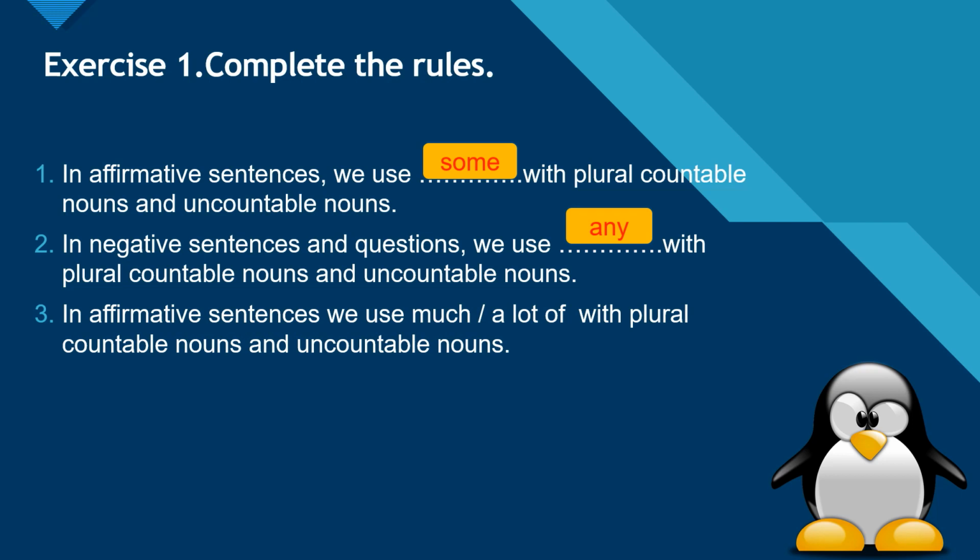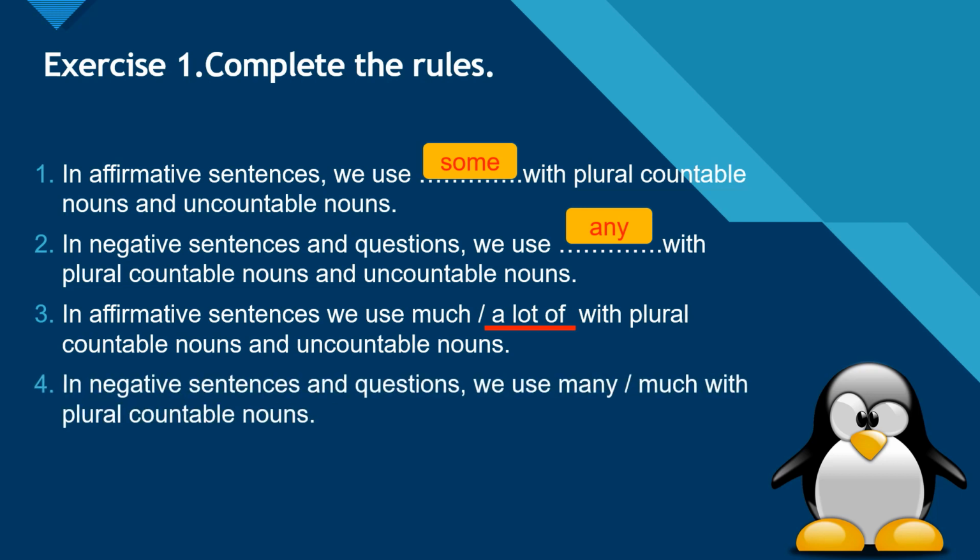Next, in affirmative sentence, we use much or a lot of with plural countable nouns and uncountable nouns. But another important keyword is affirmative sentence. Yes, the answer is a lot of. We use a lot of in only affirmative sentences with plural countable nouns and uncountable nouns.